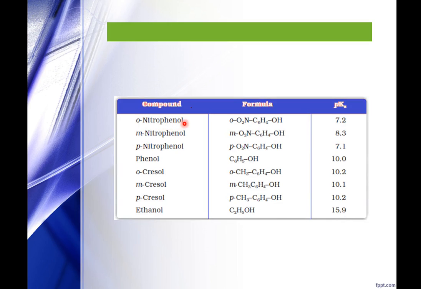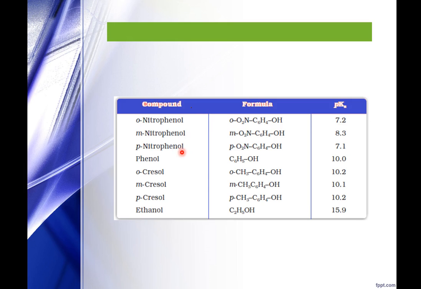So here is again the comparison. Orthonitrophenol pKa value is 7.2, meta 8.3, para 7.1 and phenol is 10. With the help of this table also, you can compare the acidic character of phenol with other types of phenols.